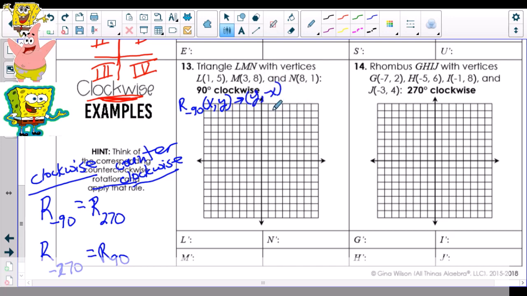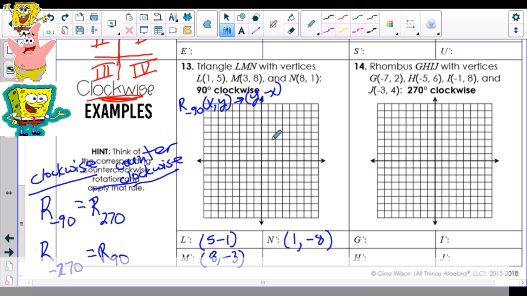So my L prime is going to be (5, negative 1), because you switch them and change the sign of the x. Then M prime would be (8, negative 3), and N prime would be (1, negative 8). You have to follow that rule to put those there.